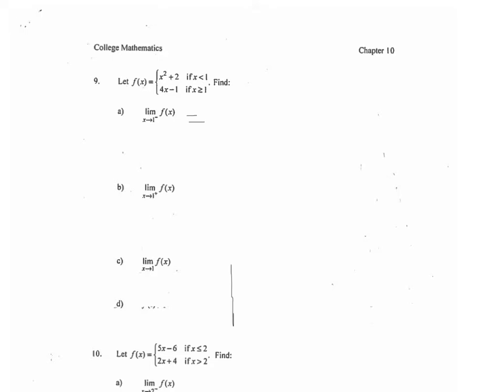You won't be plugging into both. So on this one, I would plug in, as x approaches 1 from the left, means that I'm plugging into x squared plus 2. So if I put in 1, square it, add 2, I get what? 3. That's my one-sided limit coming from the left.